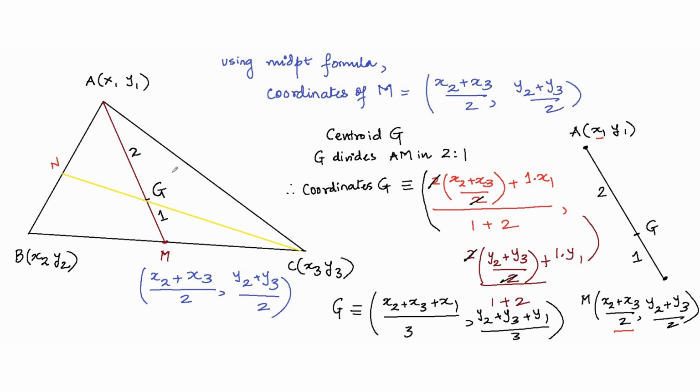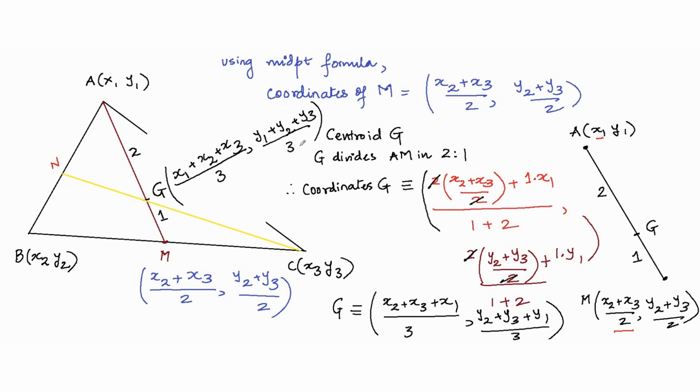And therefore, if you take a look at it very carefully, centroid G is given by the x coordinate being the average of all the 3 x coordinates. So centroid G has coordinates (x1 plus x2 plus x3) upon 3, comma, (y1 plus y2 plus y3) upon 3.